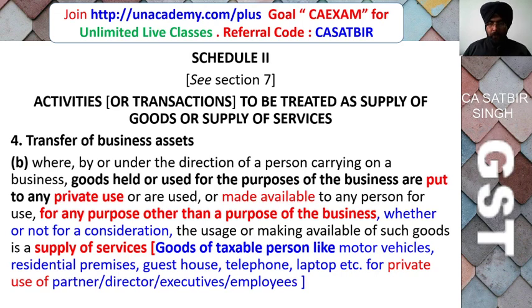The usage or making available of such goods is a supply of service. Example is goods of a taxable person like motor vehicle, residential premises, guest house, telephone, laptop, etc. for private use of partner, director, executive and employees. So if this is there, then this will be a supply of services only.